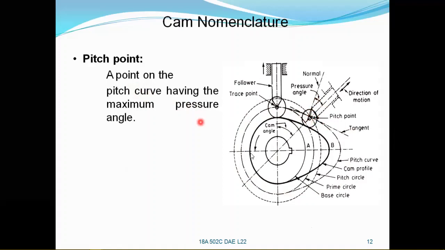And pitch circle. If you draw a circle passing through this pitch point, this will be called the pitch circle.